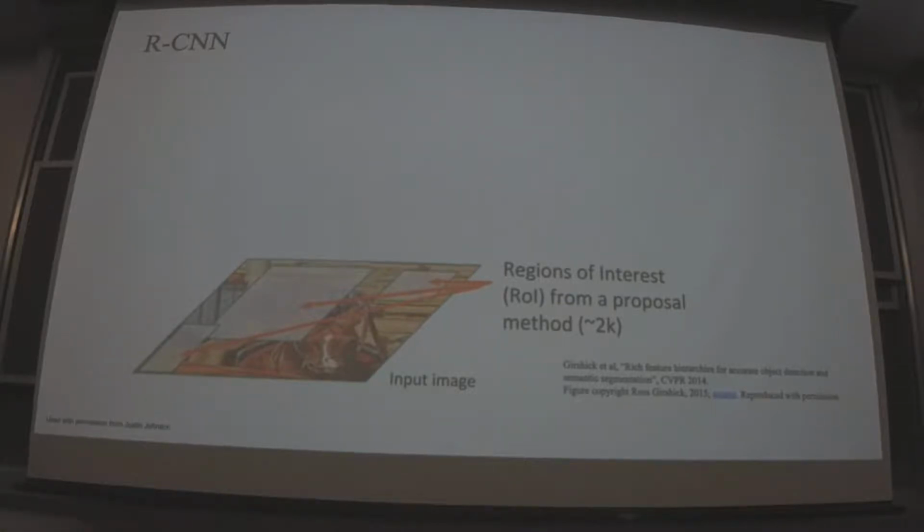Okay, and then you have to resize all of these so that they're all the same size. What that size ought to be is another choice in the architecture here, but it might often be determined by what network comes next.